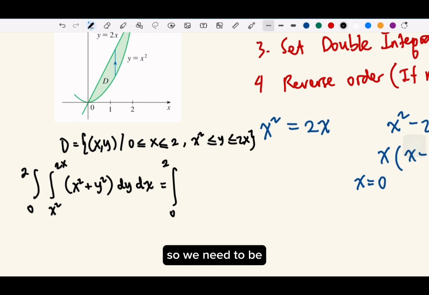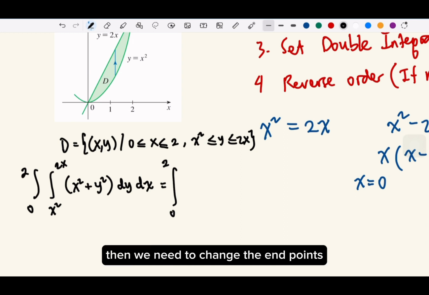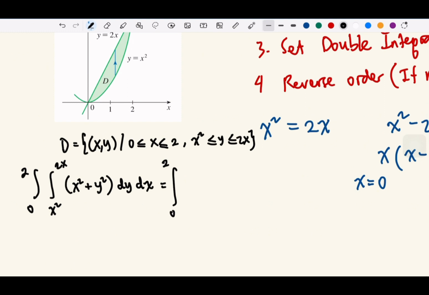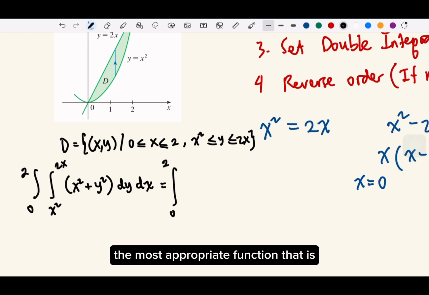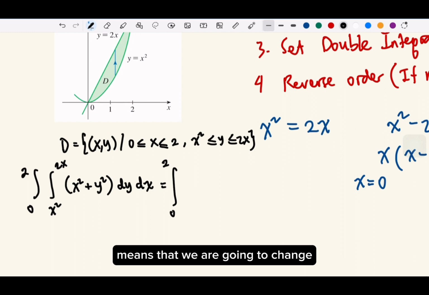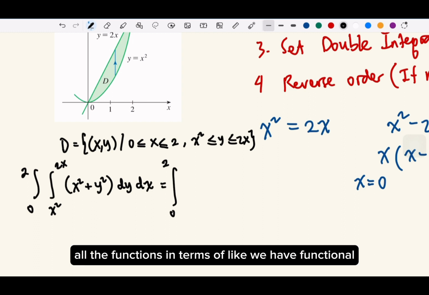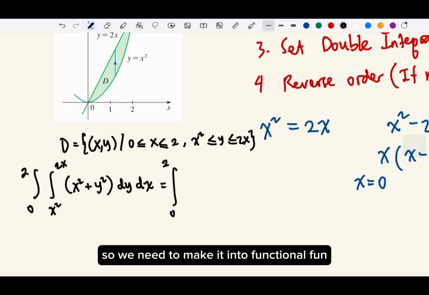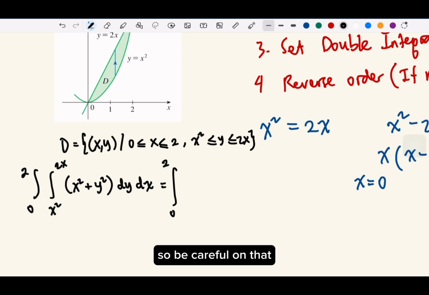If we change this, then we need to change the endpoints, and then we need to select the most appropriate function. For example, if we want to change to dx dy, it means that we are going to change all the functions. We have functions of x, so we need to make them into functions of y, which means that they will be different functions. Okay? So be careful on that.